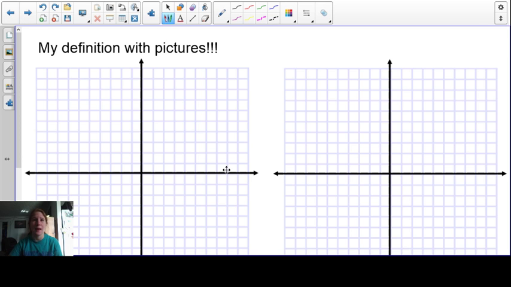Okay, so what does that mean? Well, let's talk about that. Let's say we had the graph. I'm going to switch colors here real quick. I had a dot over here, and I had a point somewhere over here on my axis.